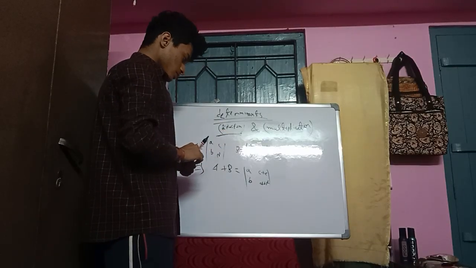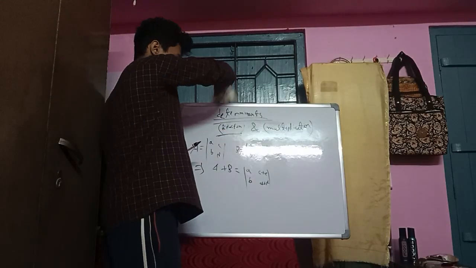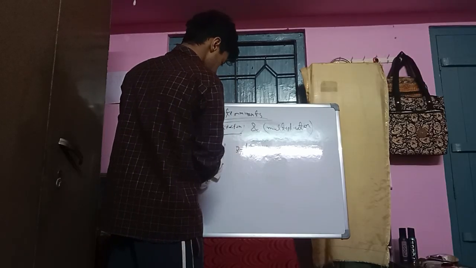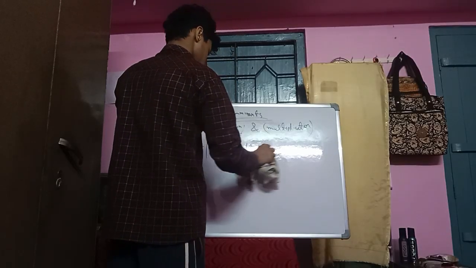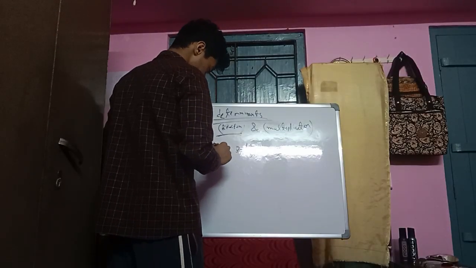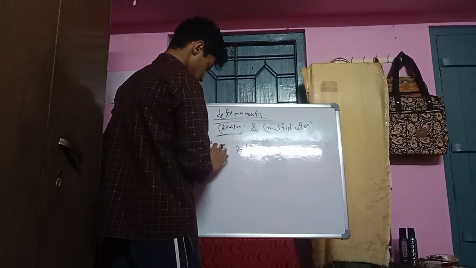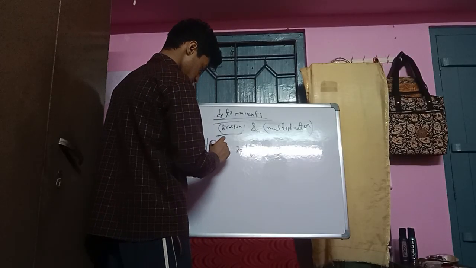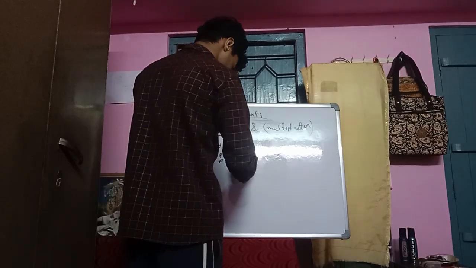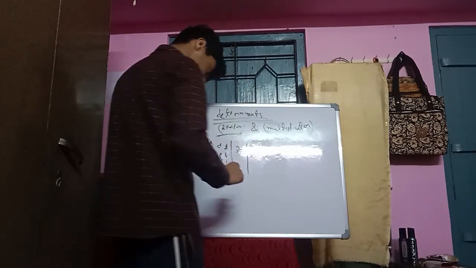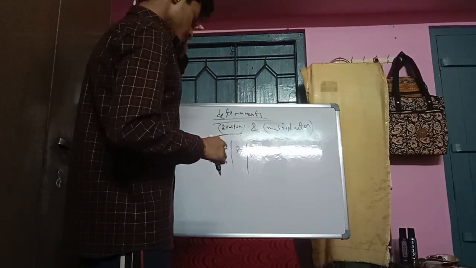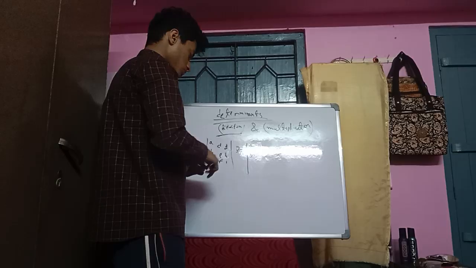Okay. Now, what about 3 by 3 determinants? Let's say A and B both are 3 by 3 determinants. A, B, C, D, E, F, G, H, I. Now, we would only be able to add these two determinants if two rows or two columns are in common.